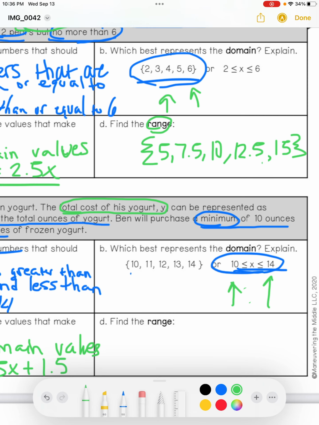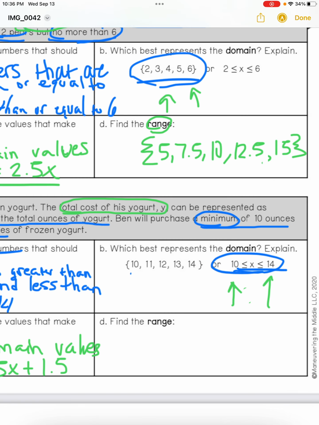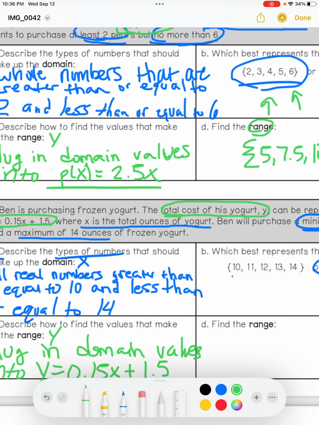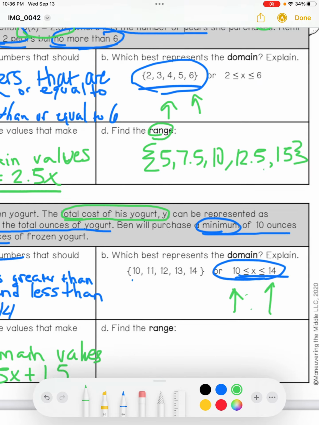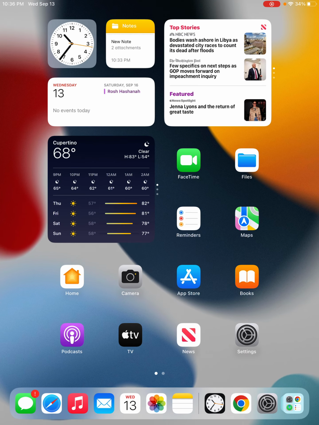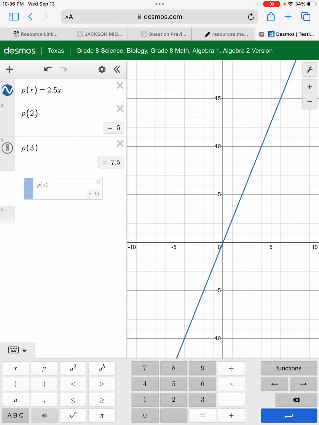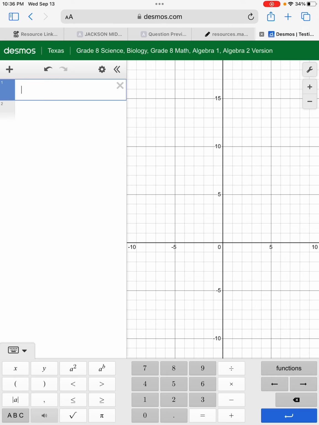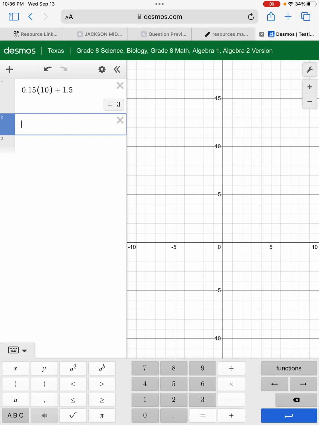You can do this by hand or you can use Desmos. I'm going to use Desmos. That seems easier to me. So let me just double check what our equation is. 0.15x plus 1.5, and I want to use 10 and 14. Okay, so I'm going to go and find my Desmos. We have 0.15x plus 1.5. Okay, well, I want x to first be 10, so I'm going to replace that x with 10, and I get 3.